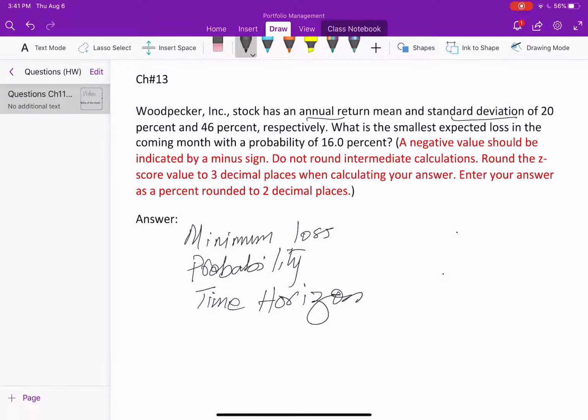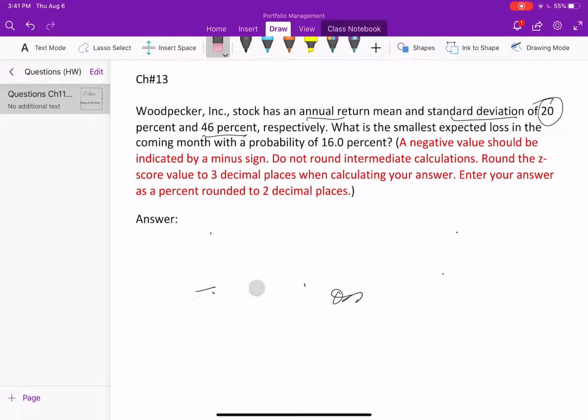The question is about a stock of Woodpecker Incorporation with an annual return mean of 20% and a standard deviation of 46%. What is the minimum expected loss in the coming month with a probability of 16%?